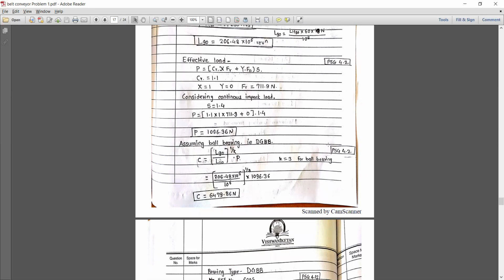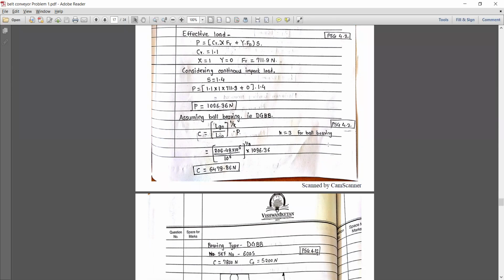Similarly, referring to page number 4.2, P is equal to CR plus CR into X into FR plus Y into FA, into service factor. As the inner race is rotating, CR is equal to 1.1, X is equal to 1, Y is equal to 0, and FR is equal to 711.9 Newton. Considering continuous impact load, the service factor is equal to 1.4.